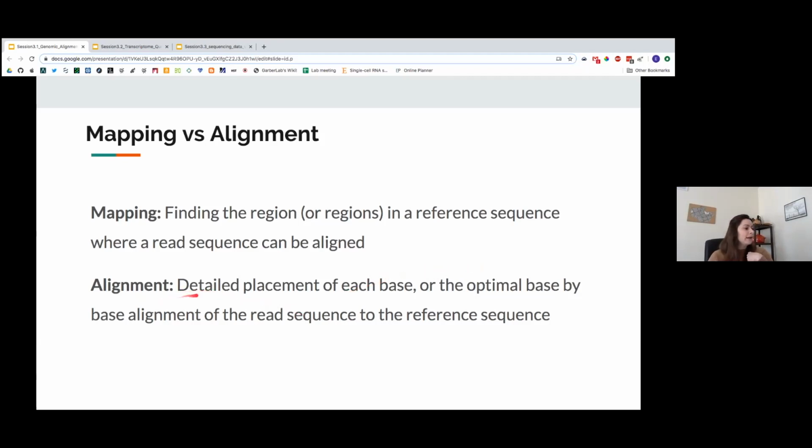And alignment is the detailed placement of each base in that read. So the optimal base by base alignment of the read sequence to your reference sequence. So for each mapped location, you can examine the alignment, for example, and observe if there are any mismatches, if there are gaps, if there are insertions, or if it aligned perfectly to the genome, which is not usually the case.